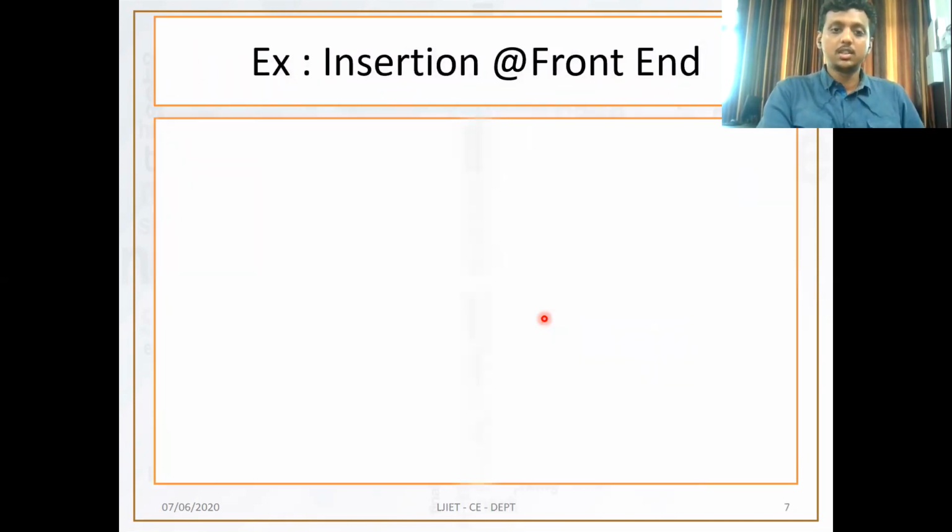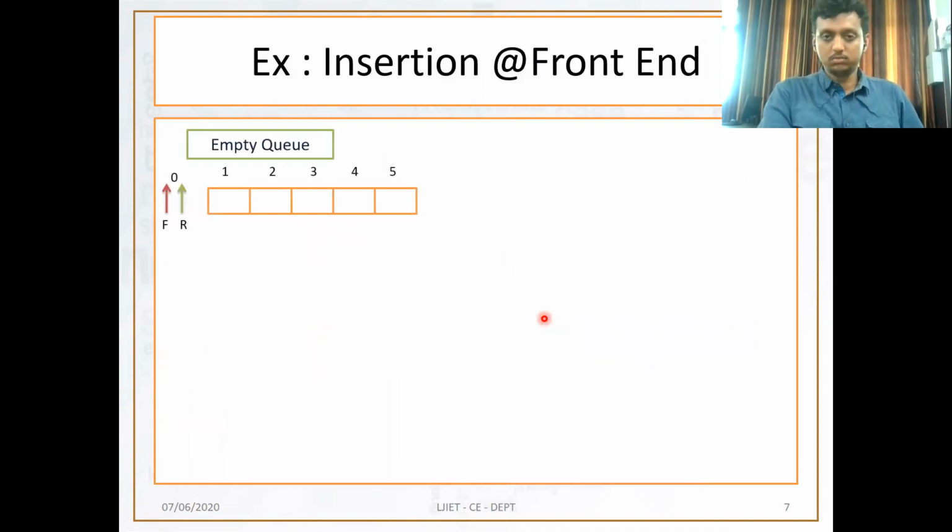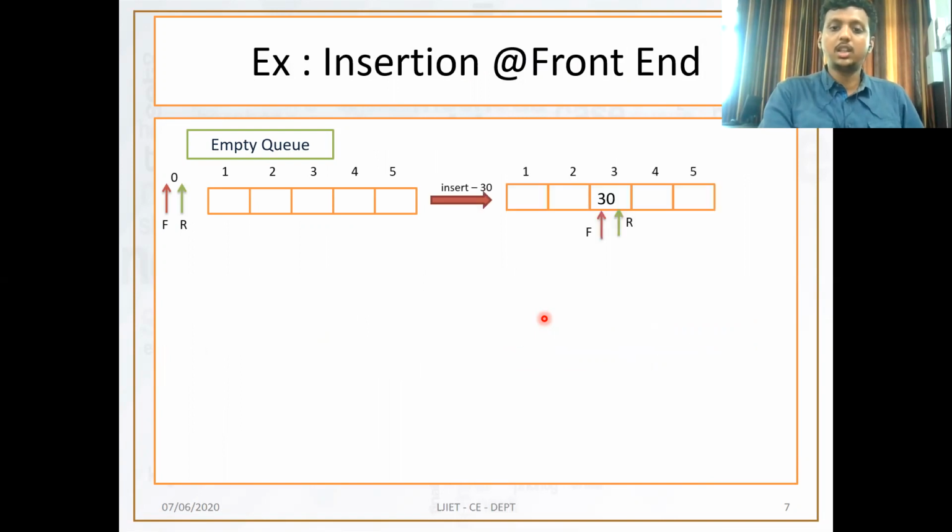This is my empty queue, where front and rear both are pointing to 0. Now I'm going to insert 30. Directly inserted 30 over here. Please do not consider both things, just consider this only.